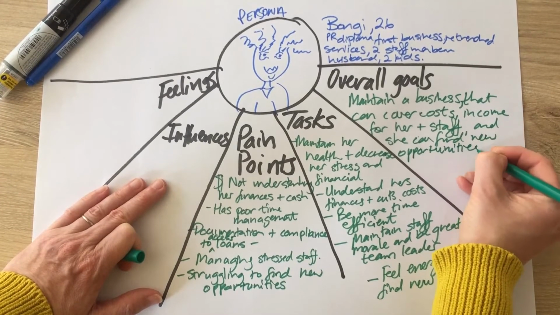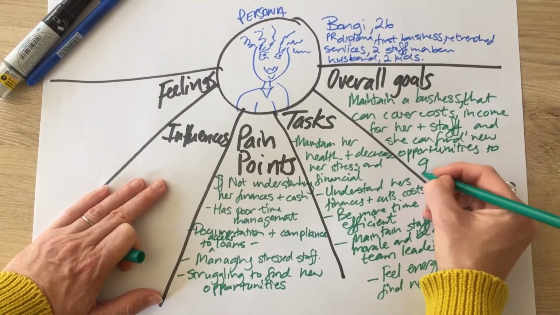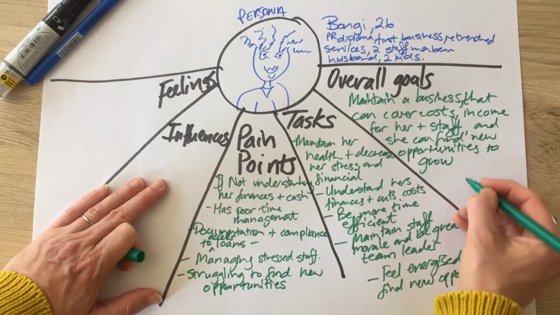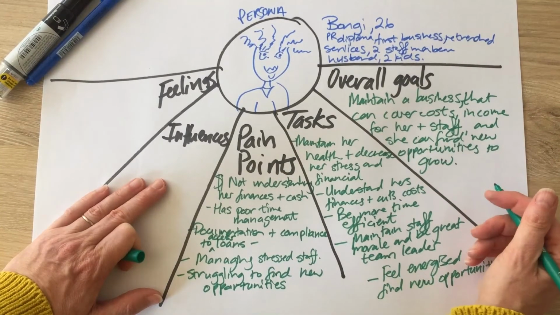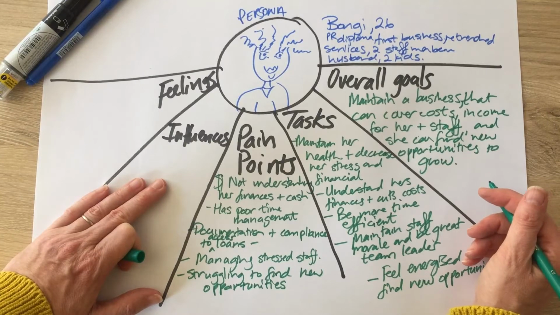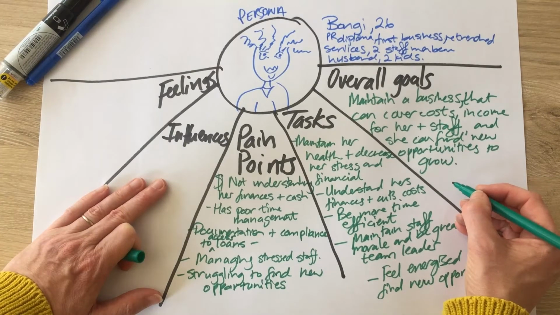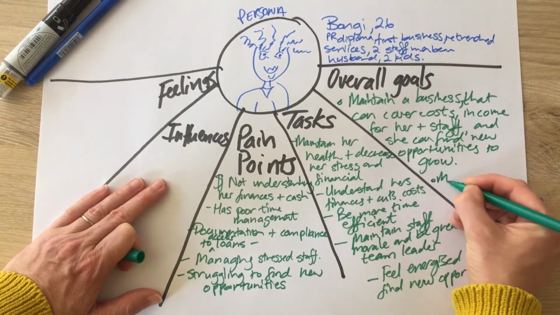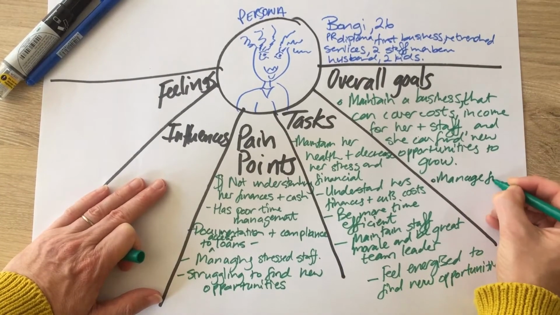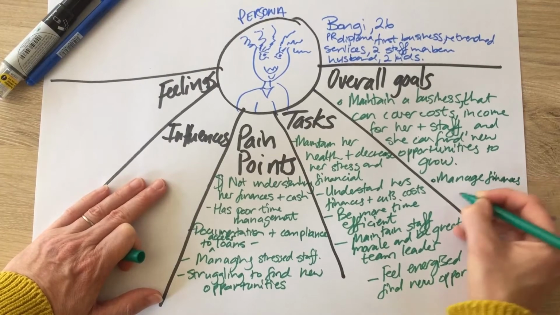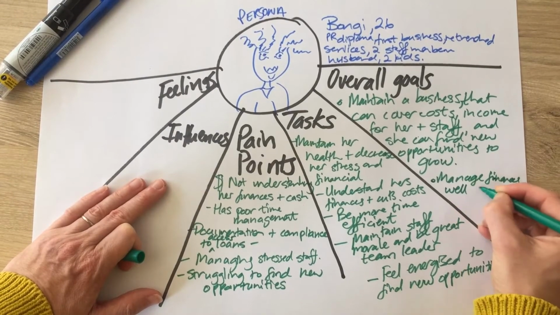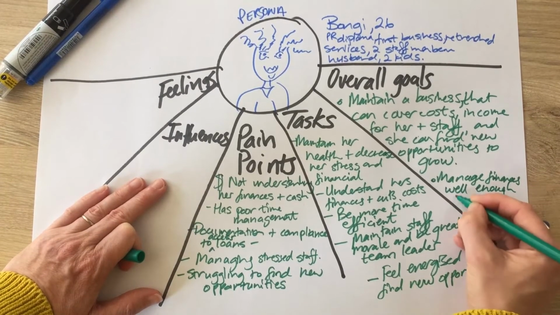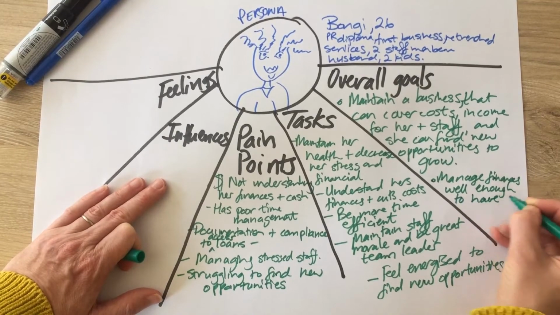So you can see she needs to get her mindset right in order to keep this business going and cover her costs and beyond. She also needs to manage finances well enough to have 3-month savings.